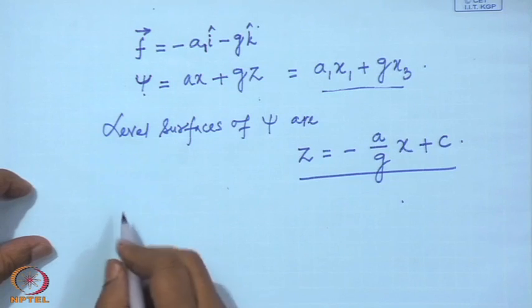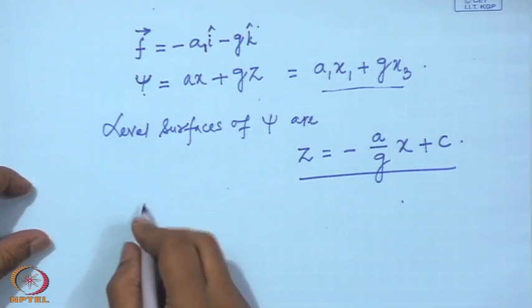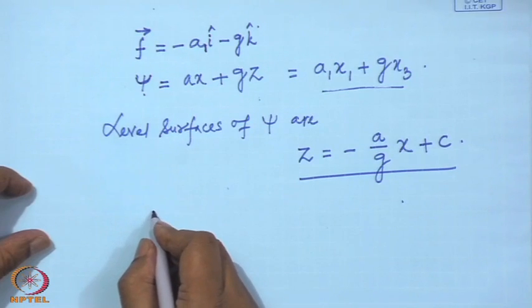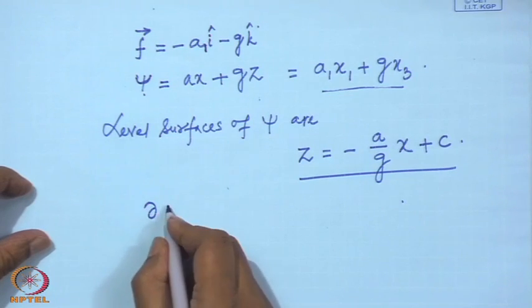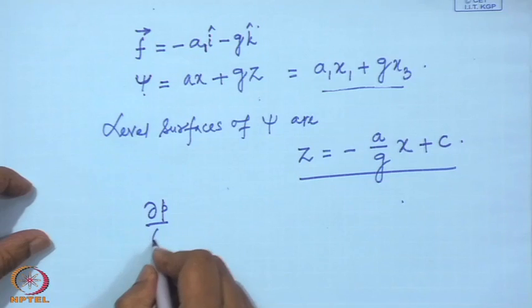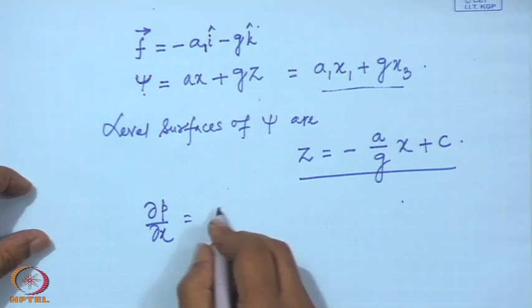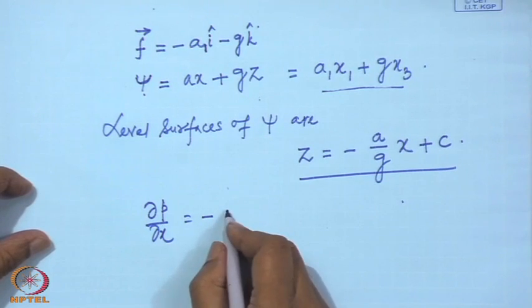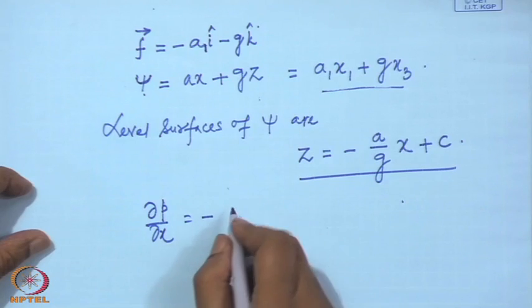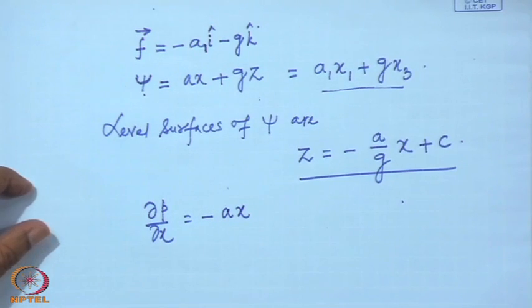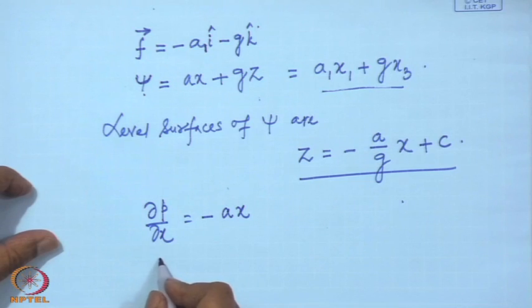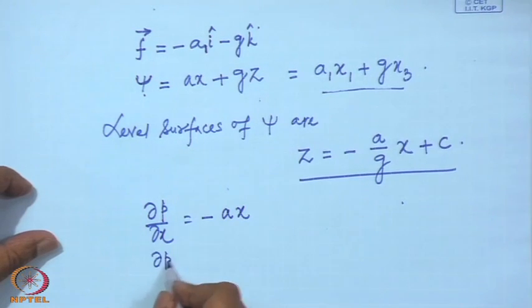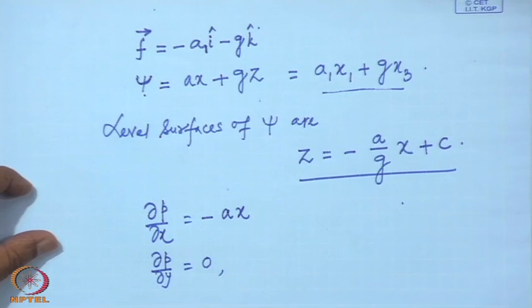Then, what are the equations we have now for pressure? dP dx equal to minus, okay, I was writing A1, so sometimes it has become A, let us write it A only, minus rho A. dP dy equal to 0.